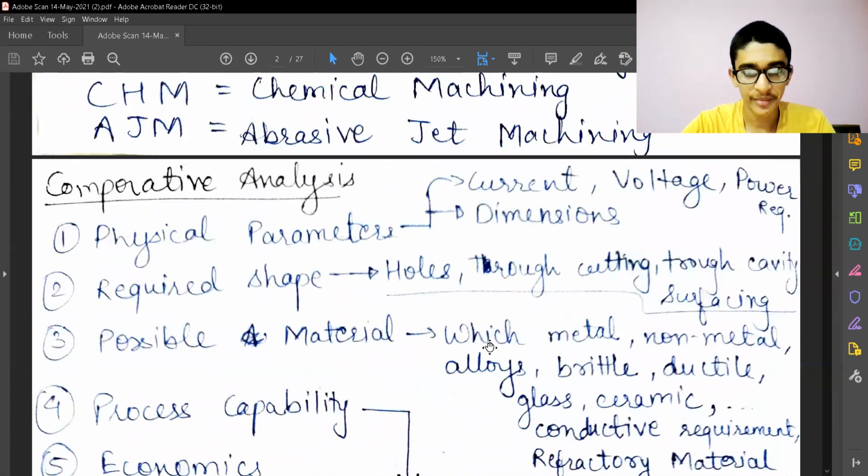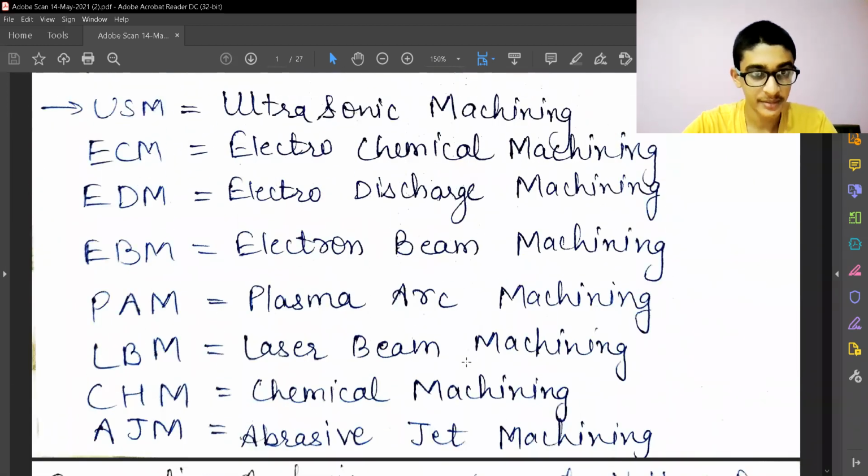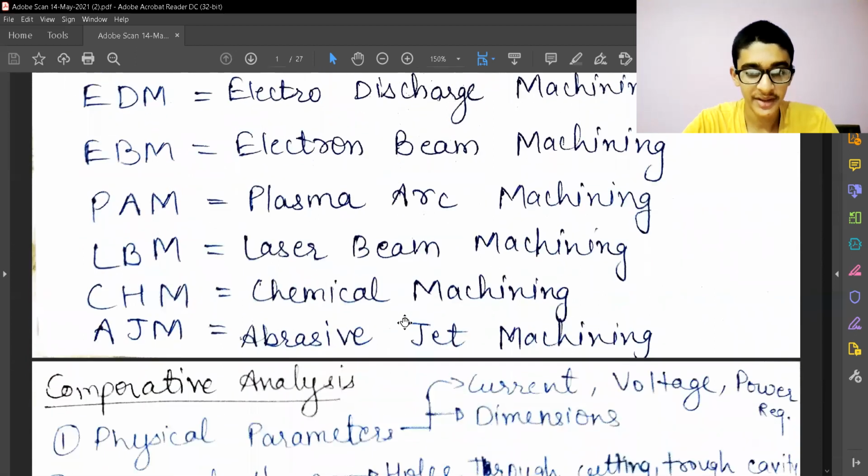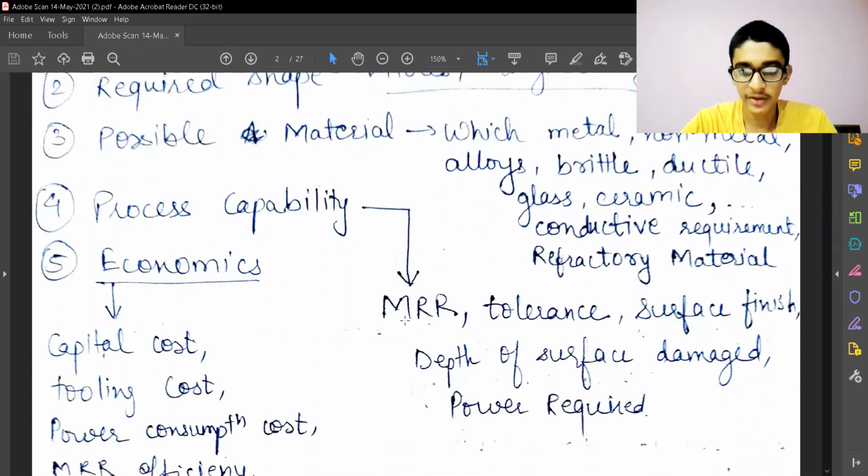Some of the machining processes over here use heat energy. Heat energy can be generated by electron beam or plasma arc, laser beam, etc. But that heat energy is going to lead to the material removal.